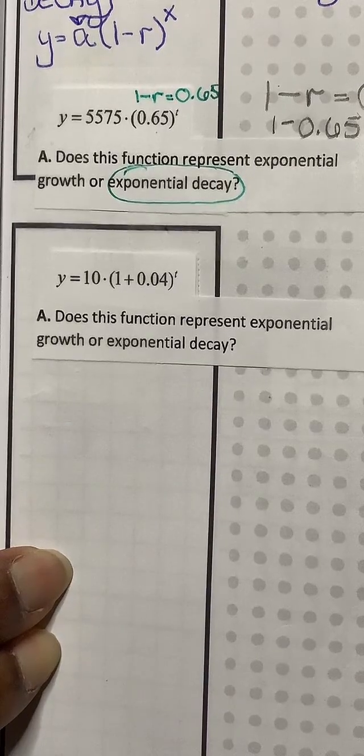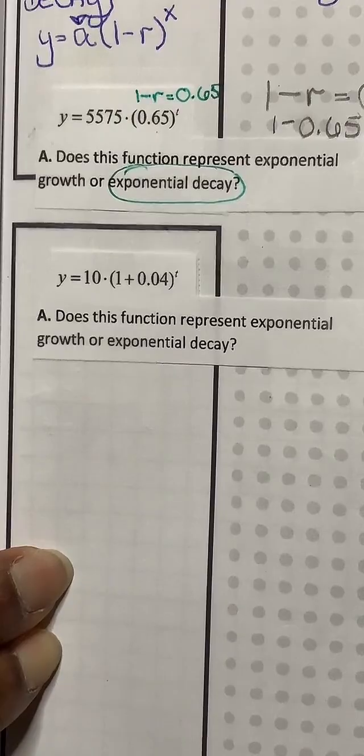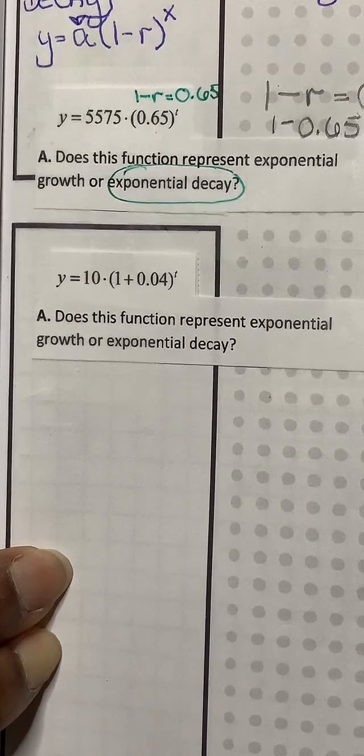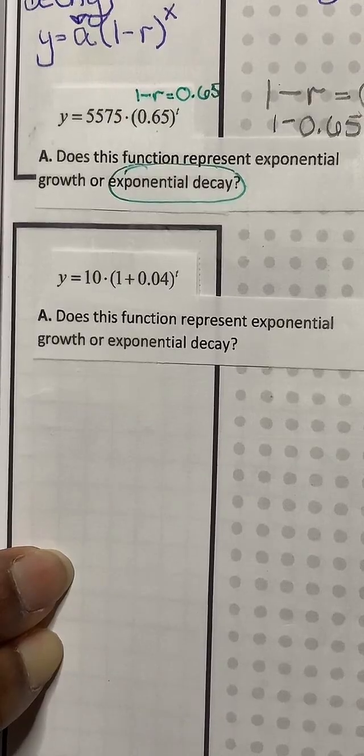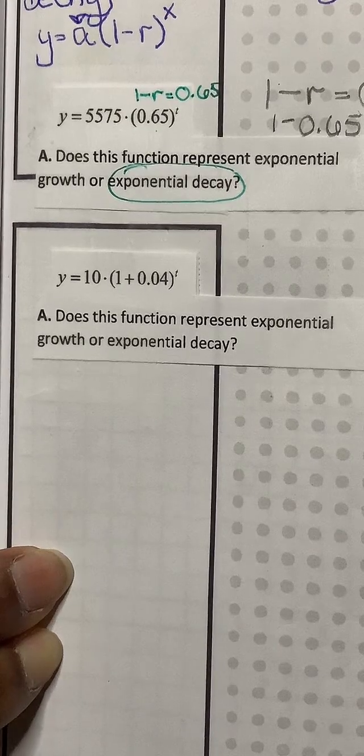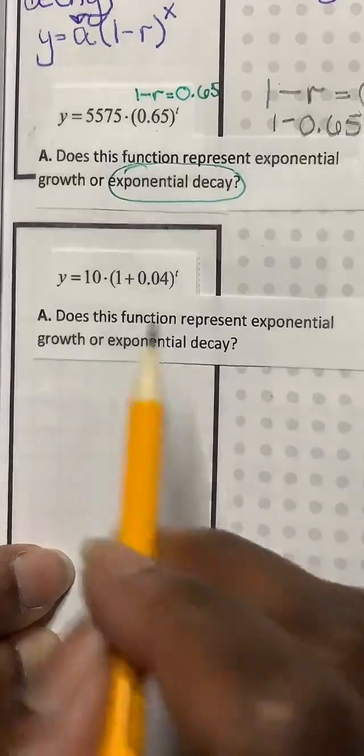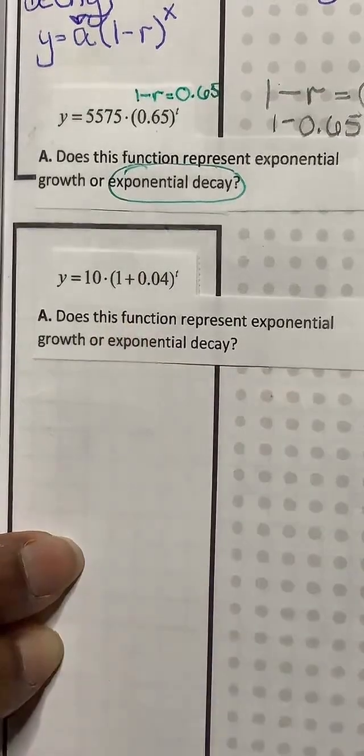Nano saying growth. Vicky saying growth. Lukey, growth. Sloppin, growth. Pollen, growth. Tamika, growth. It was growth. All right, growth because it is more than one. Excellent.